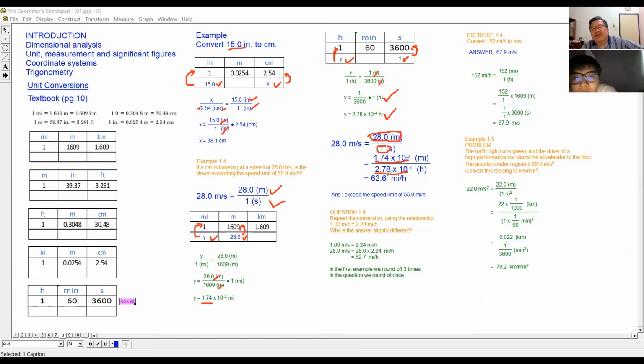When we divide the two using your scientific calculator, you have 62.6, 3 significant figures, mile per hour. The speed limit is 55 mile per hour, and this person is traveling at 62.6 mile per hour. So the answer is this person has exceeded the speed limit of 55 mile per hour.